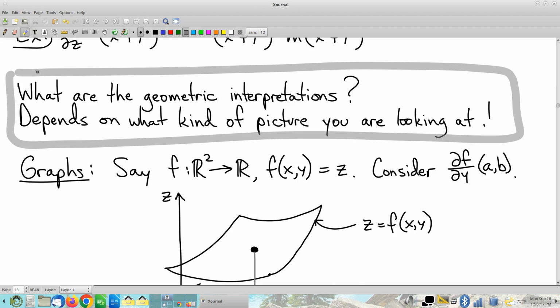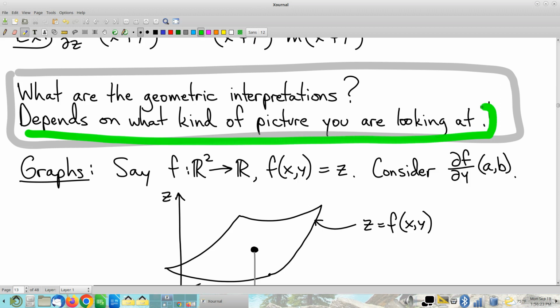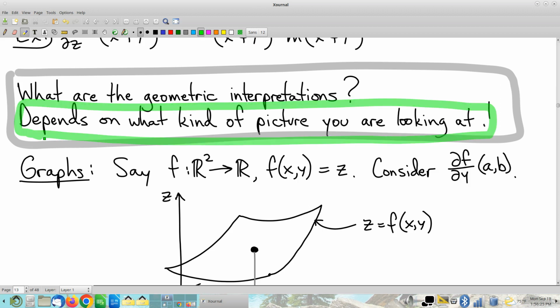Okay, now very importantly, and y'all heard me talk about this a lot last week, the geometric interpretation of calculus depends on what kind of a picture you're looking at. So the calculus of graphs is going to be the first thing we're going to talk about. How do I interpret partial derivatives, aka calculus, in the context of graph pictures?